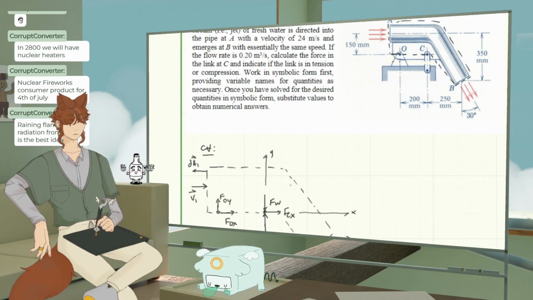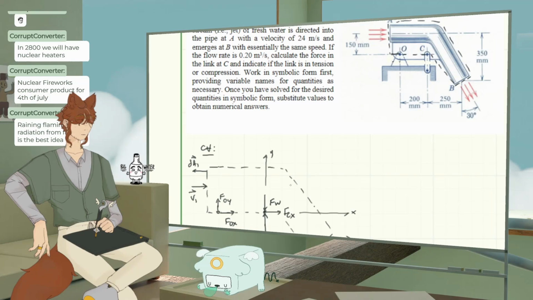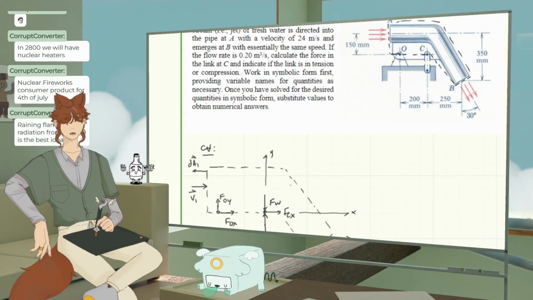Then if we take a moment about there, we don't have any FOX or FCX. We only have FOY and R cross Fs. Or R cross... Wait, do I? I think it would have a velocity. Angular momentum.